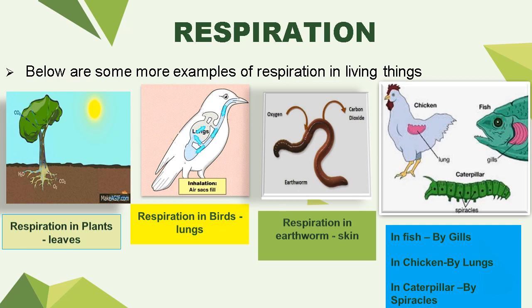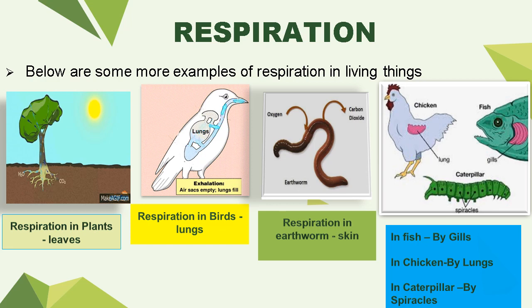Earthworms, leeches, tapeworms use their skin for the exchange of gases. All the insects have tiny holes on the sides of their body, which are called spiracles. The insects like grasshopper, cockroaches, mosquitoes, houseflies, bees also have spiracles and trachea for breathing and respiration.